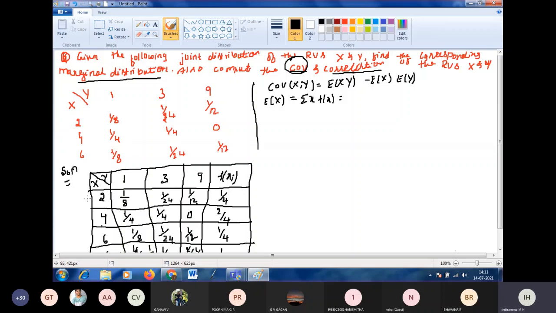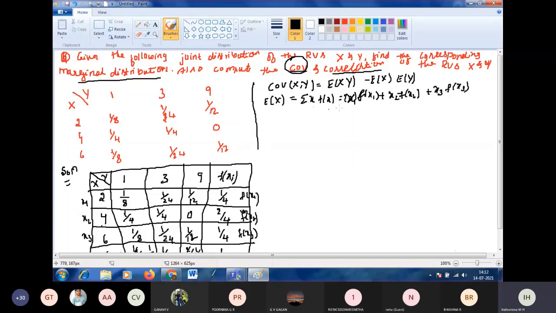So here, how many values for x do we have? x1, x2, x3, and f of x1, f of x2, f of x3. Therefore, it will be x1 into f of x1 plus x2 into f of x2 plus x3 into f of x3.